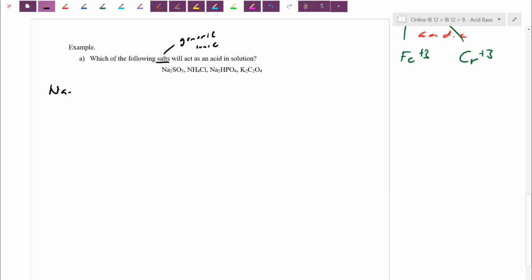Start off with Na2SO3. That's the salt. First thing you do is you dissociate: 2Na+ and SO3 2-. Na+ is a group 1 ion, so this one is a spectator. Don't worry about it. SO3 2- is not a conjugate of a strong base. What can SO3 2- do? Well, it can't be an acid because I don't have an H. But in the presence of water, it can actually steal a proton back.